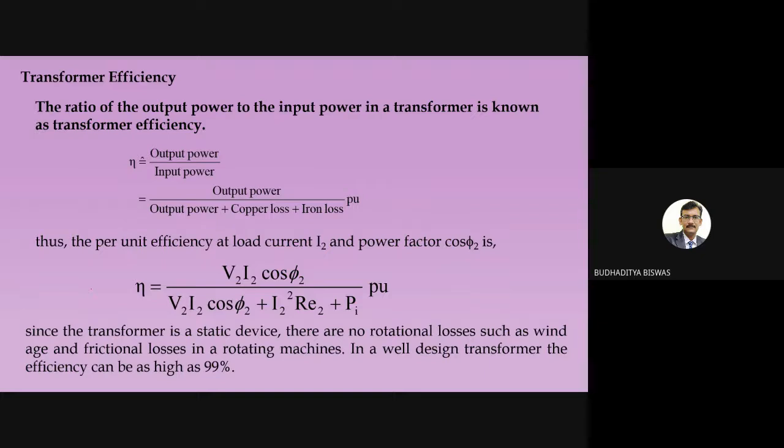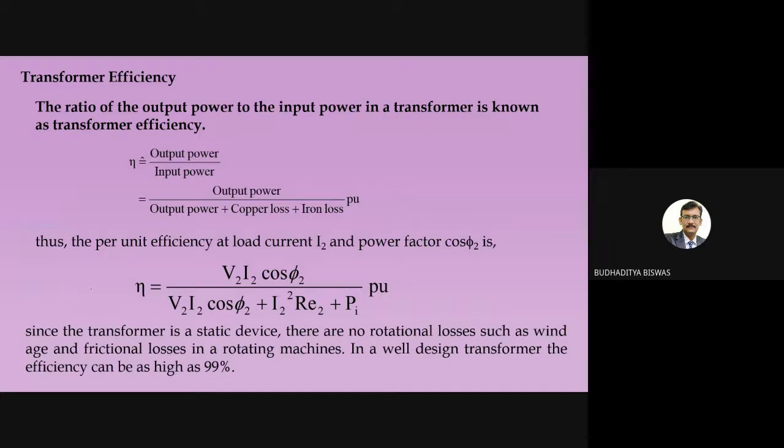Generally, if we buy a transformer from the market, the efficiency is very close to 98 to 99%. Why? Because there are no rotational losses in the transformer. It is not like a motor or a generator which has rotational losses. A transformer is a completely static device, so the efficiency is very, very high.